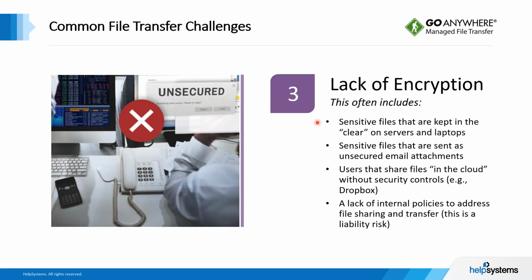The third challenge is the lack of encrypting data at rest or in motion. Another huge problem with file transfers today for a lot of organizations is that they may have an end user that jeopardizes sensitive data by downloading it first from a secure corporate server to a less secure PC or laptop, making that data much more vulnerable to attacks.